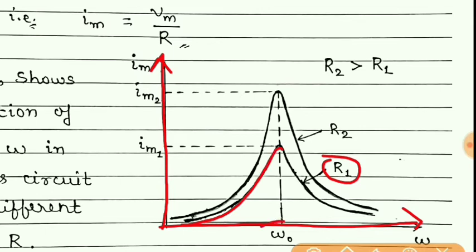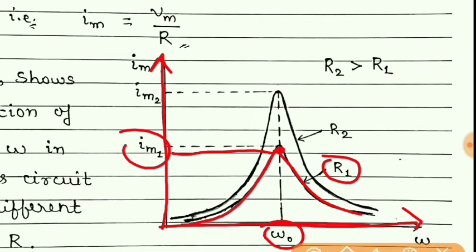At resonant frequency, the value of current becomes maximum, but once again with increase in the frequency, it will not increase, it will start decreasing.